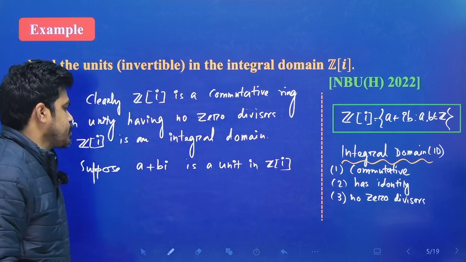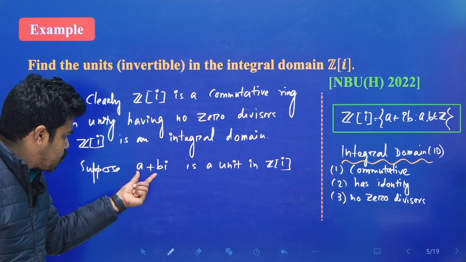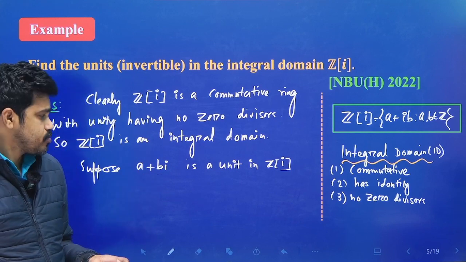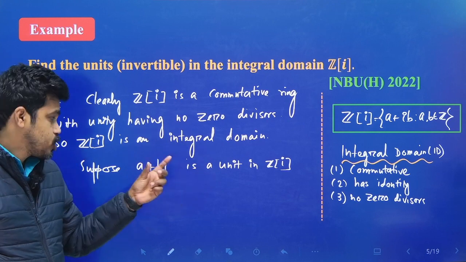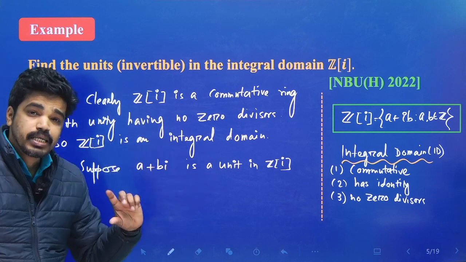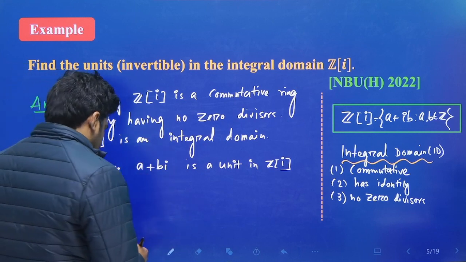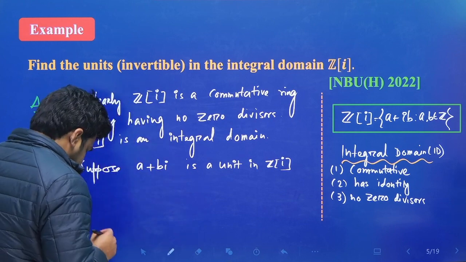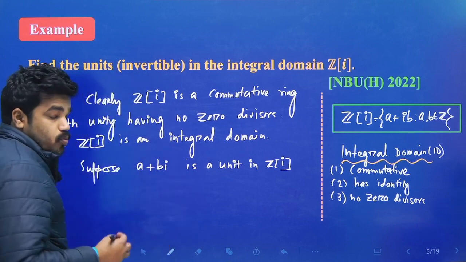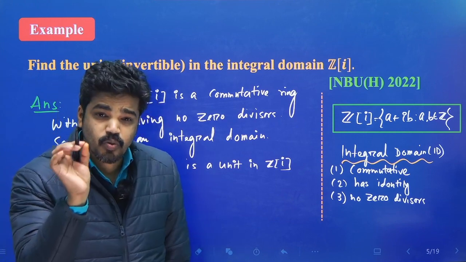What form will the elements of Zi be in? They will be in the form a plus ib, right? So we have to find the values of a and b. I considered a plus bi to be the unit. Unit means it has a multiplicative inverse. Just see what the definition of unit is.